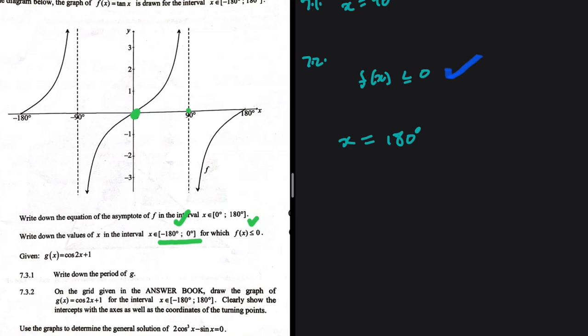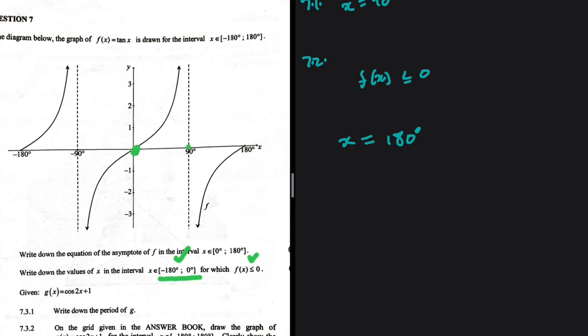I think the effect should be the same, really. Yes, it is the same. Tan of 180 is equal to tan of minus 180. So that is part of our solution. But from minus 180 to, I don't want to say 90, but to very close to minus 90, we can see that it is greater than 0. So we are not looking for that. That is not part of our solution.